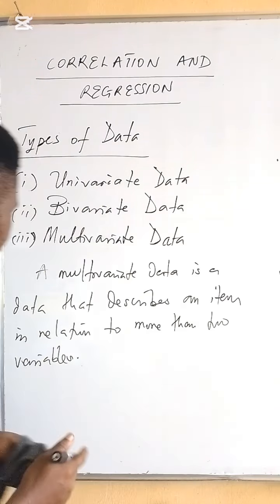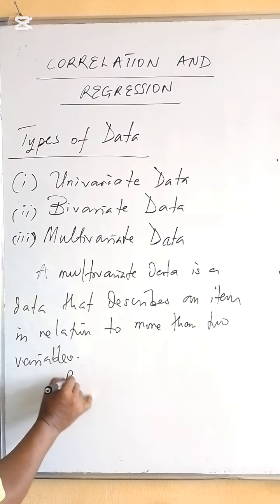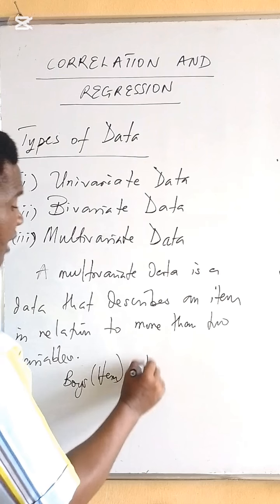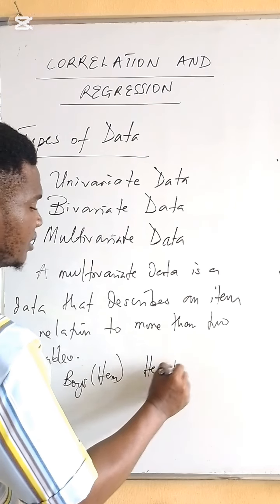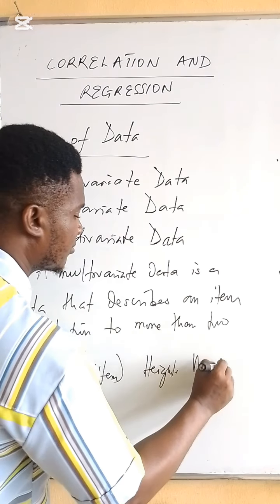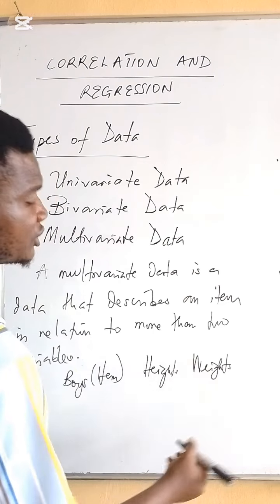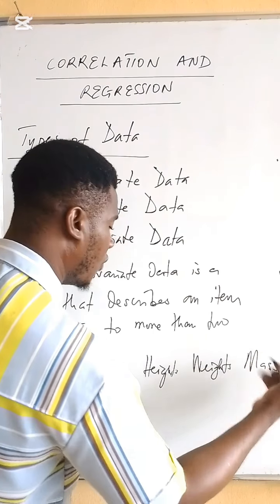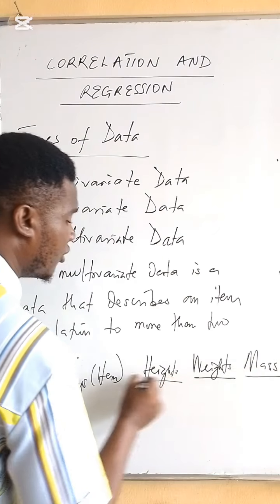What if we decide to consider boys as our item in relation to heights, in relation to weights, and in relation to, let's say, mass or whatsoever measurement you can take on these boys.